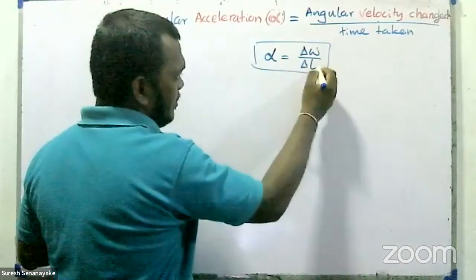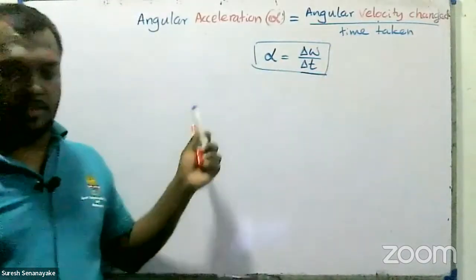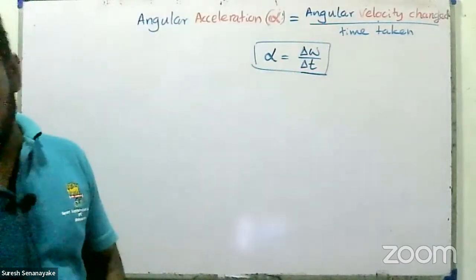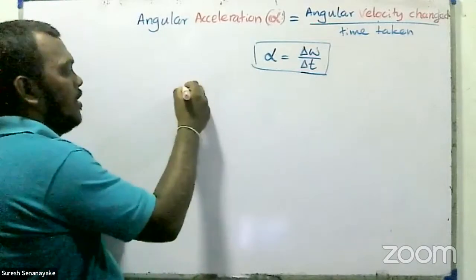Write it as an equation. Alpha equals delta omega over delta t. Acceleration is also a vector quantity, right?